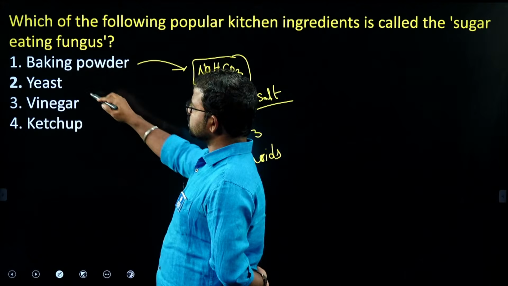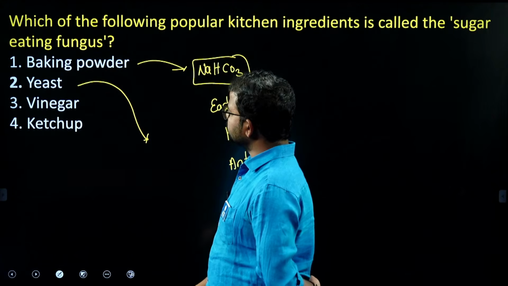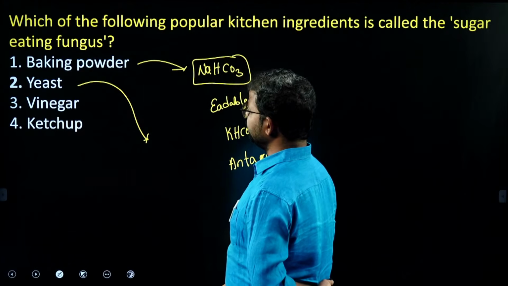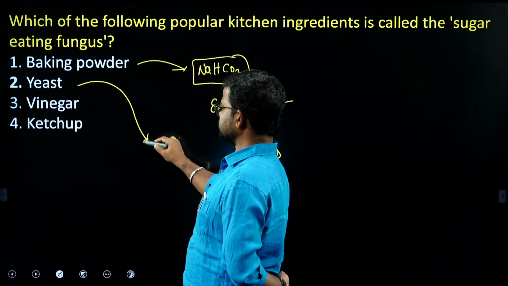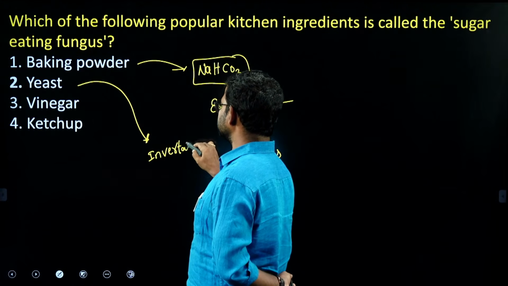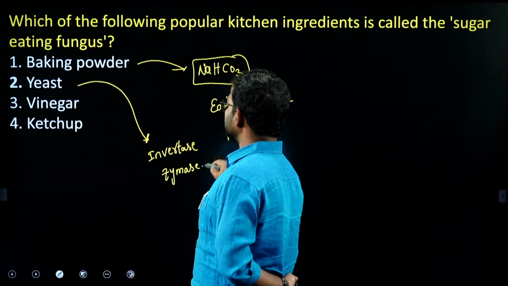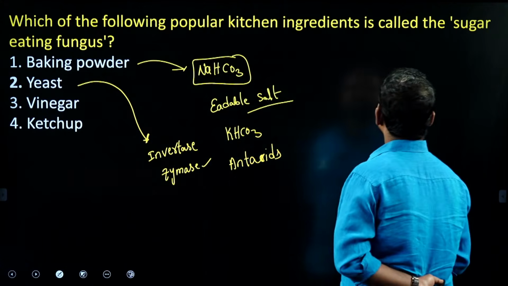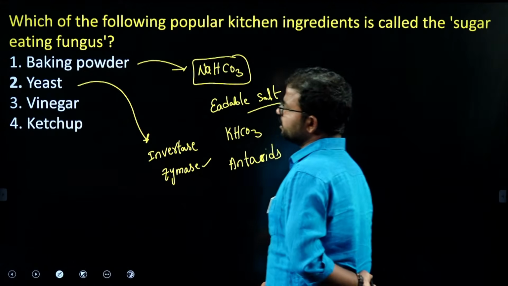Next, yeast. Yeast produces two types of enzymes, invertase and zymase. By using these derivatives, guys, you can consider that the sugar eating fungus is nothing but yeast.